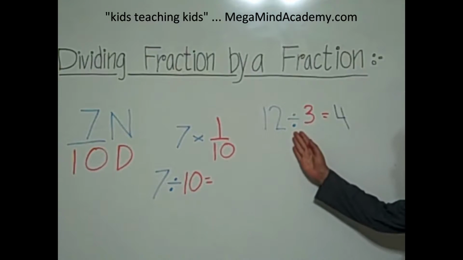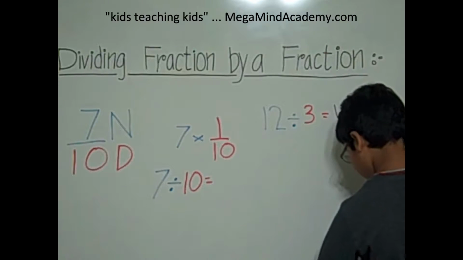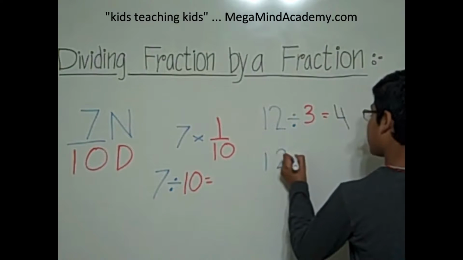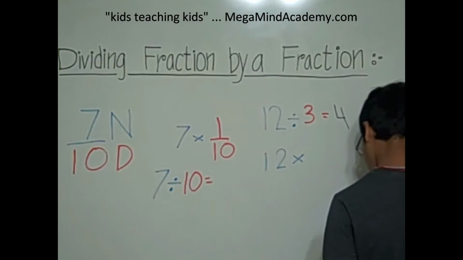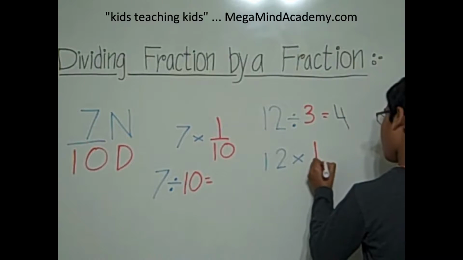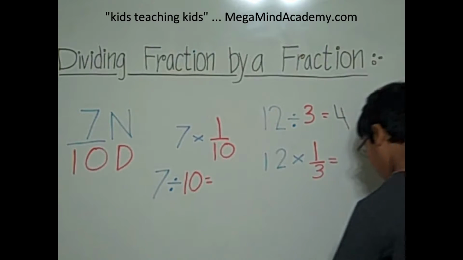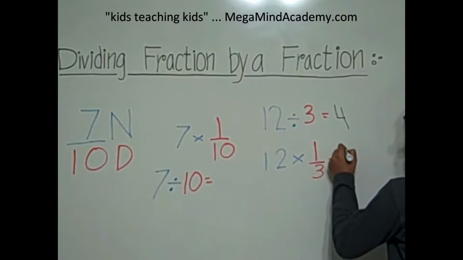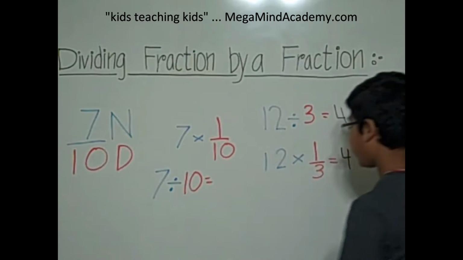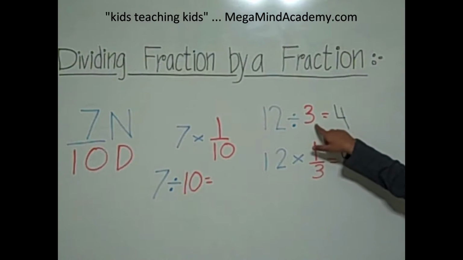We can write this equation as 12 times 1 over 3 is equal to 4. Note that over here, 1/3 is the reciprocal fraction for 3.